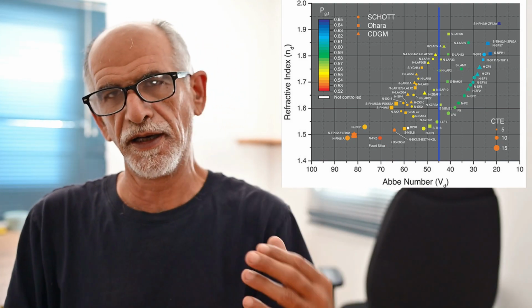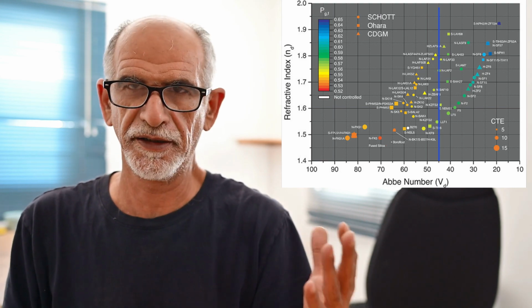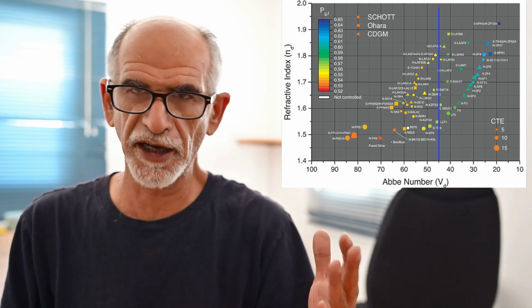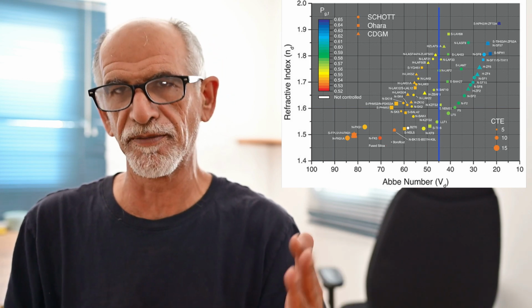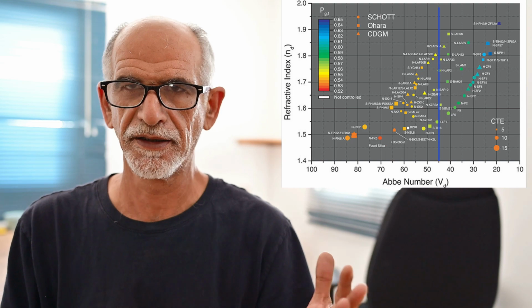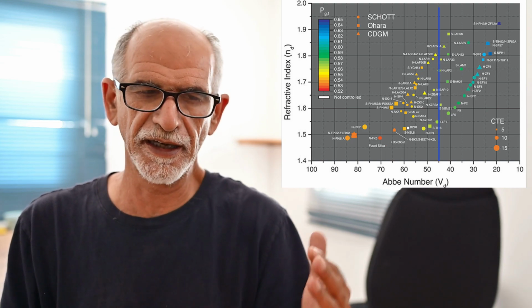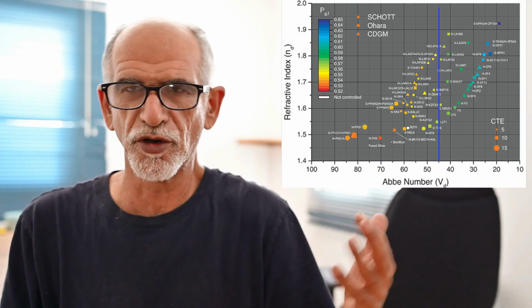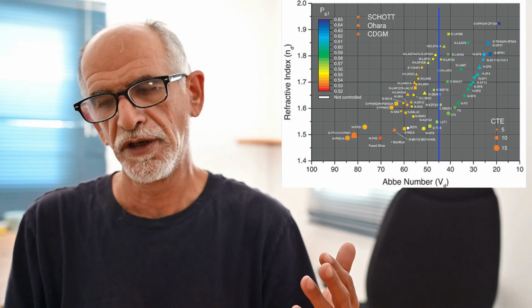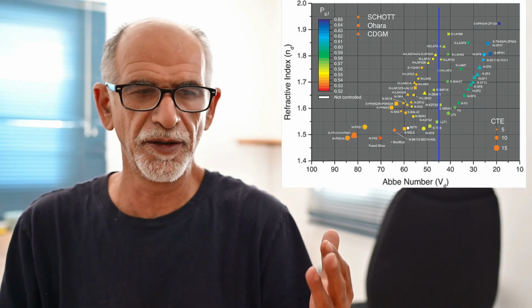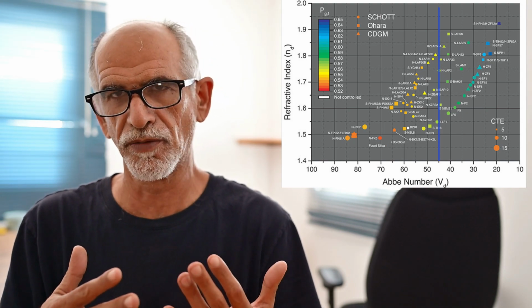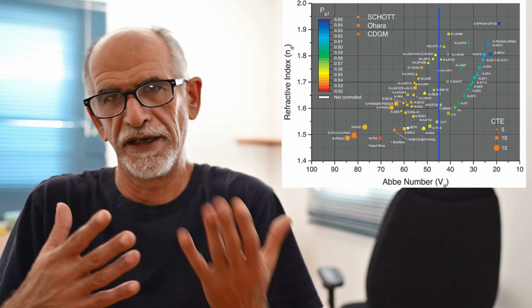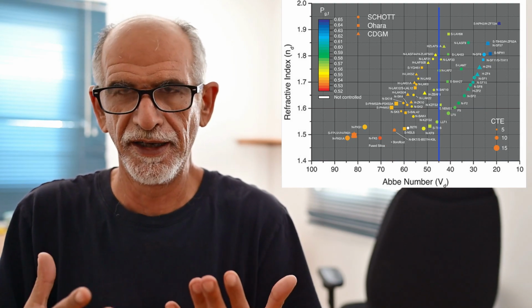The vertical blue line in the chart represents the Abbe number of the eye. As you can see, an Abbe number of 45 means that we are not very sensitive to chromatic aberration in our natural vision.